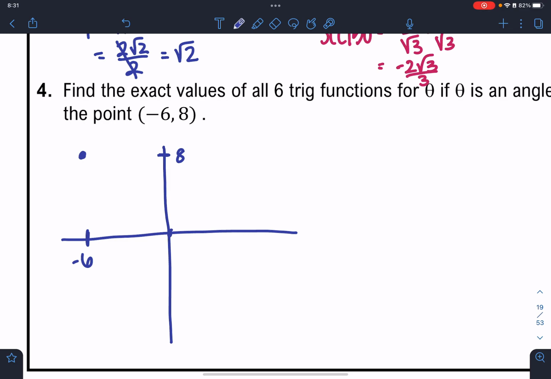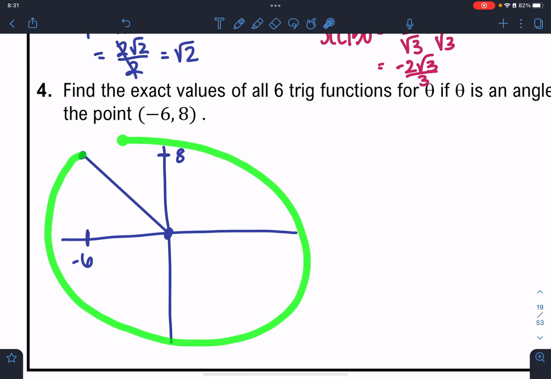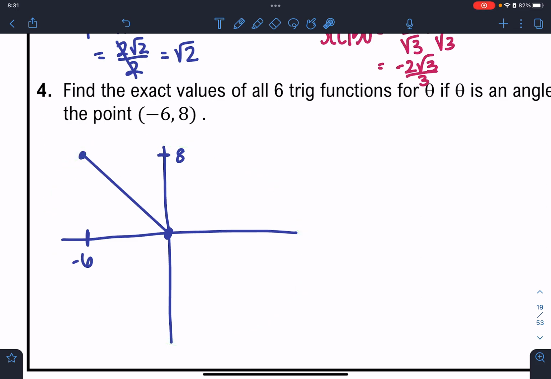So we're always centering ourselves at the origin, and so we're imagining that if I complete that circle around here, that we're going back into the center, which is always going to be at the origin, but now we've extended that radius out. It's no longer 1, okay? And so we're going to talk about how we can figure this out here. So we want to recognize, again, that this distance going up is 8 spaces. This distance going backwards is -6.